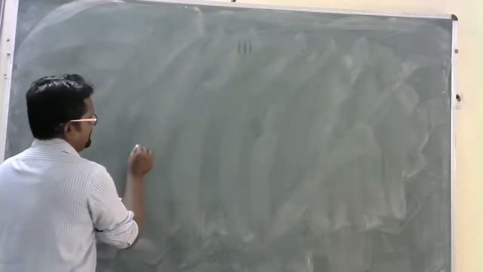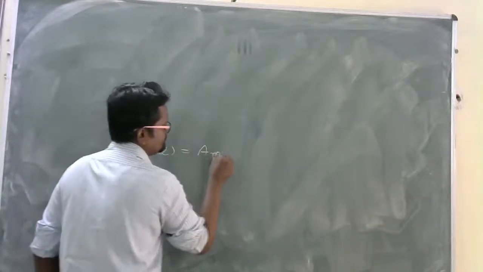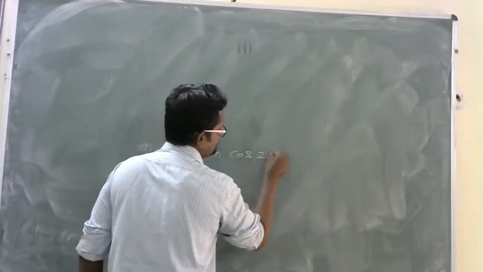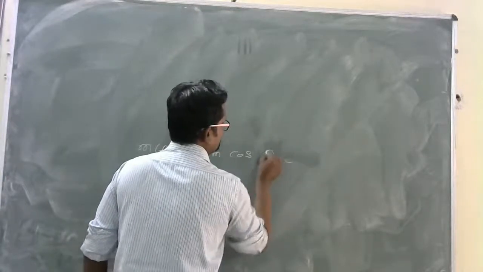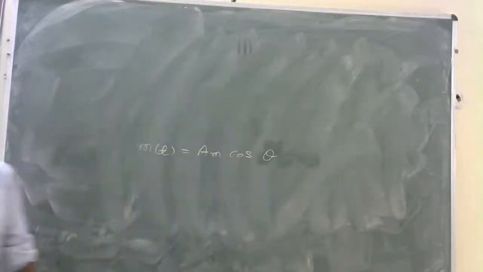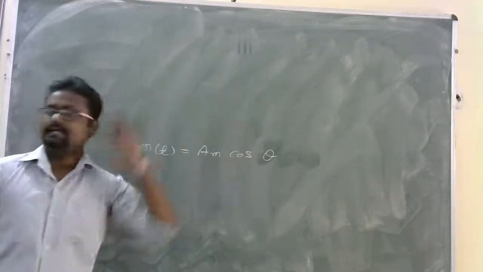Frequency, amplitude. Good. When I represent any signal by using some mathematical expression, I can represent any signal by using its amplitude and angle.